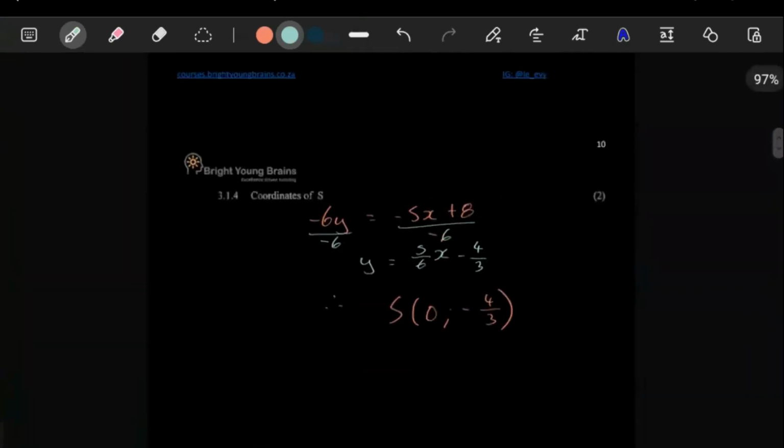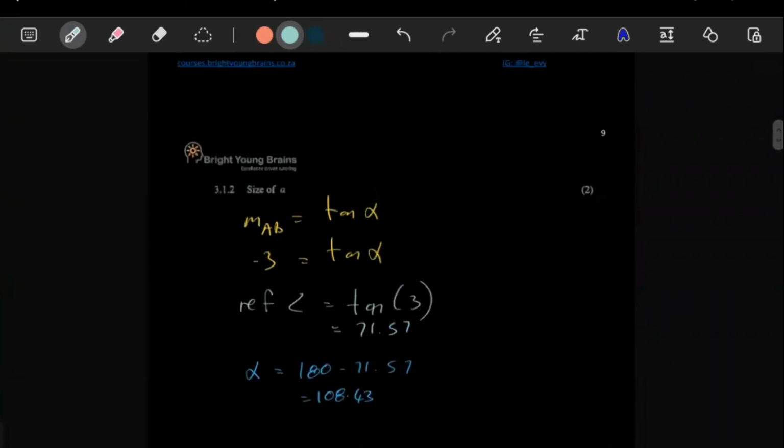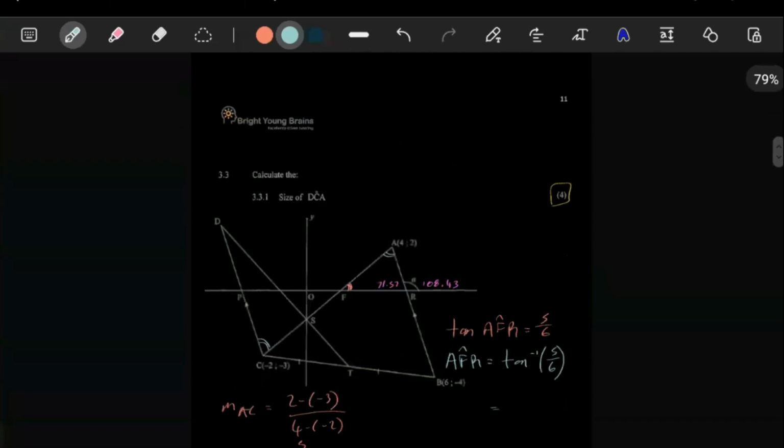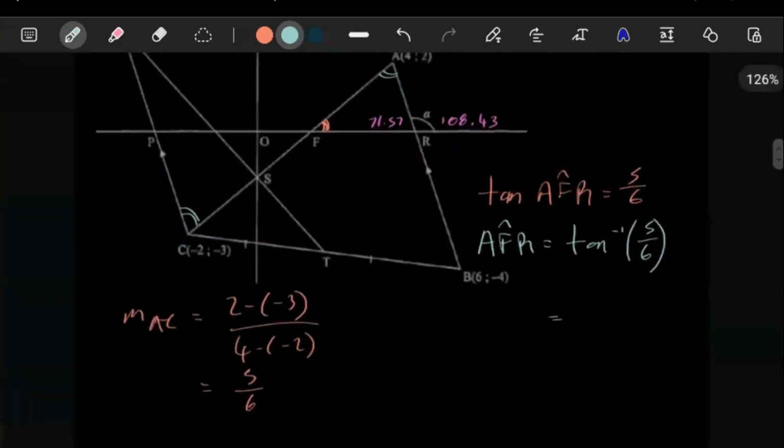Let me see if I remember to write the shift tan stuff properly. Yeah, I didn't. I should have done that. So anyways, shift tan and then 5 over 6.